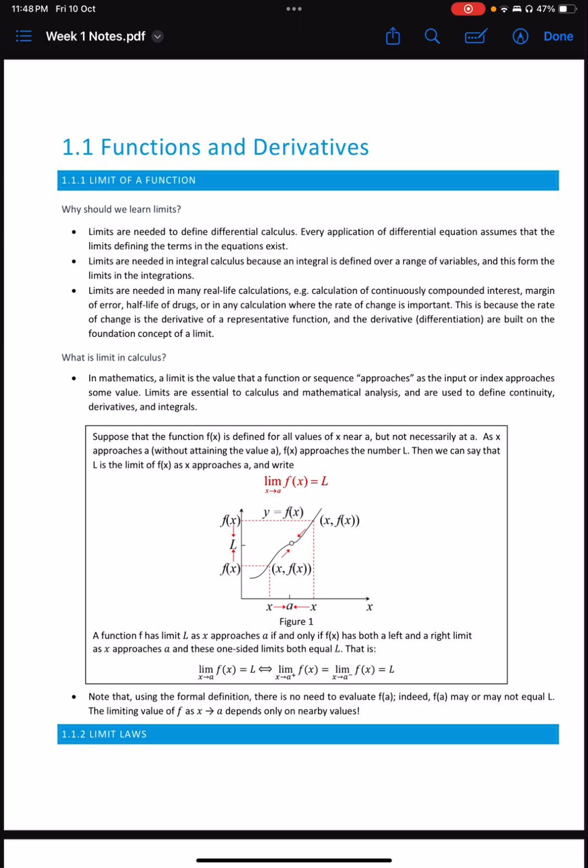So the temperature of the hot coffee will slowly drop until it approaches room temperature, but perhaps it never exactly reaches that room temperature, it just goes nearing room temperature. So the limit here is actually the room temperature. It never reaches that point, but it is close enough that we can comfortably drink it.